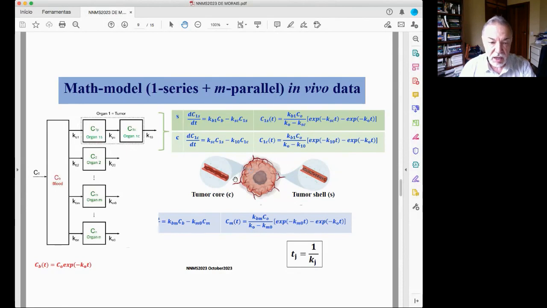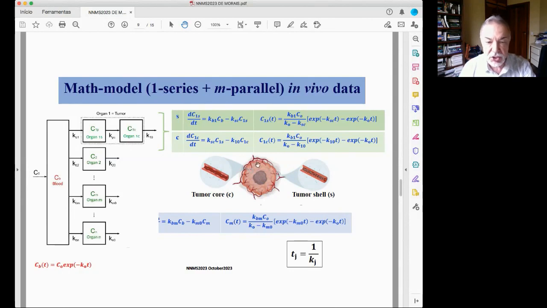So the tumor is a very complex biological system, but to analyze the data, you can make this first approach. The tumor is split in two compartments, the shell around a core of the tumor. So the two compartments are the shell and the core, in such a way that the nanomaterial or your material comes to the tumor first in the shell, and then it is transferred to the core of the tumor.